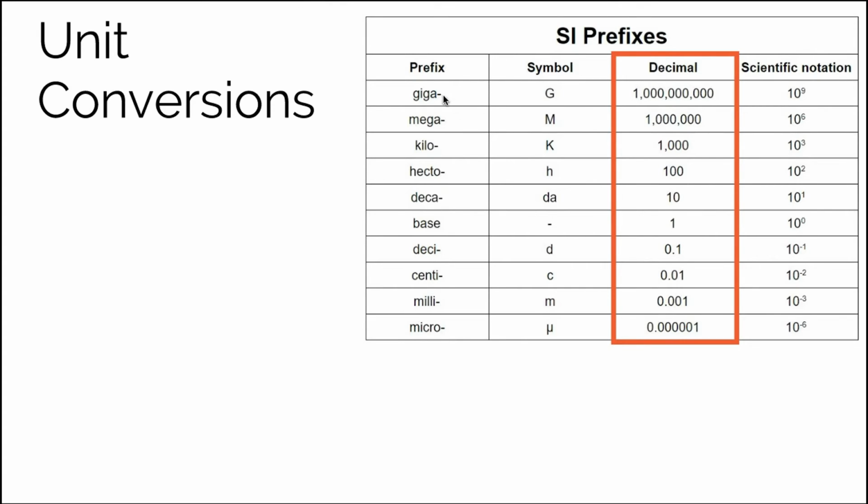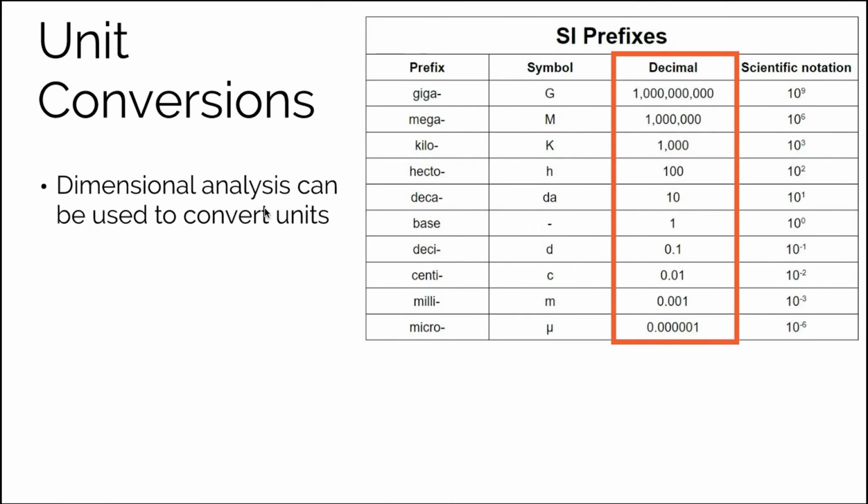So again, we can have giga, mega, kilo, hecto, deca, our base, deci, centi, milli, and micro. And these all have a different value that is associated with it. So now we can use that skill of dimension analysis that we just learned to convert between these units, and it will make it a lot easier to keep track of what's changing to what and what your new values are.